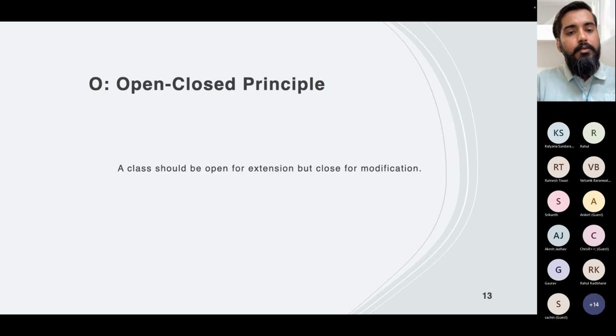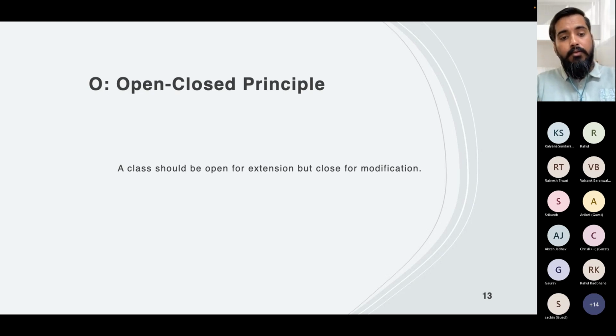What it says is a class should be open for extension but closed for modification. So the general idea of this principle is it tells you to write your code so that you will be able to add new functionality without changing the existing code. Okay. That prevents a situation in which a change in one class also requires you to adopt all the changes in dependent classes.